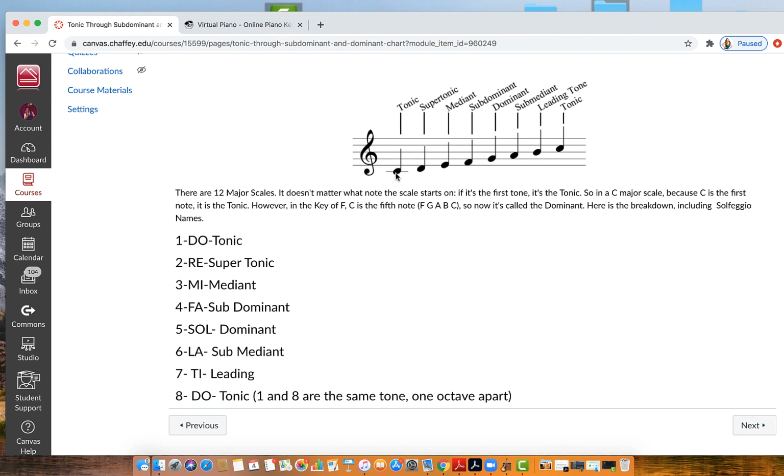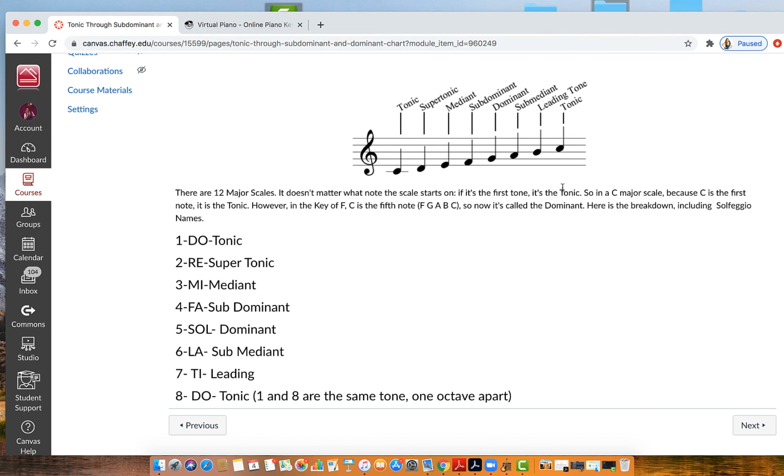We can view it as C, D, E, F, G, A, B, C. But these words tell us the level of importance and later on function. These all do certain things and react certain ways. So this is tonic, supertonic, mediant, subdominant, dominant, submediant, leading, and tonic. Okay, and of course the do's 1 and 8.